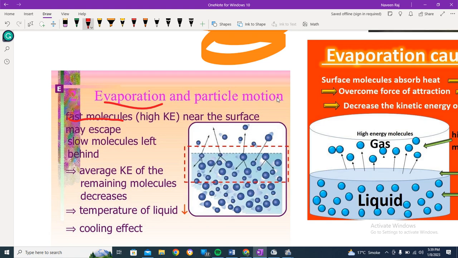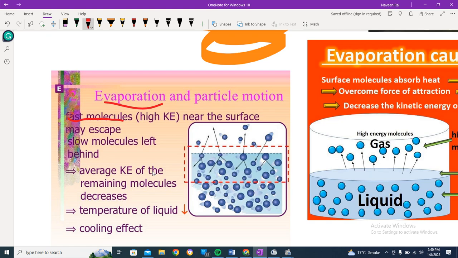So you can see that the fast, high energy molecules are releasing. This is in a way exothermic. But what has made this happen? This is endothermic.